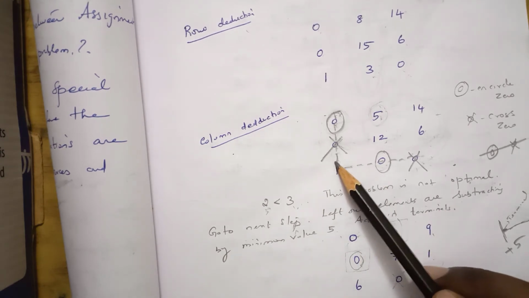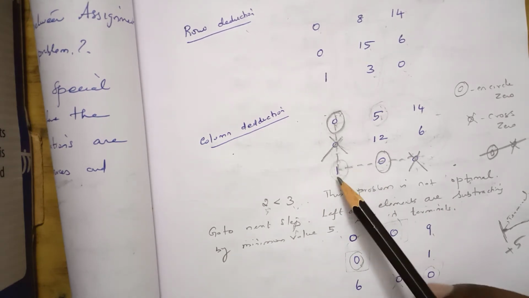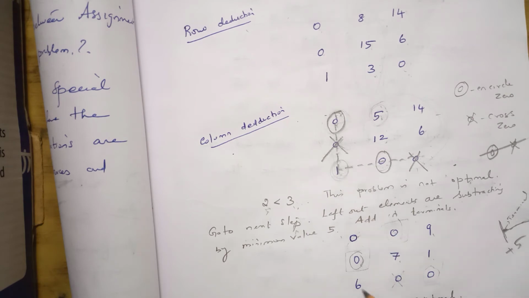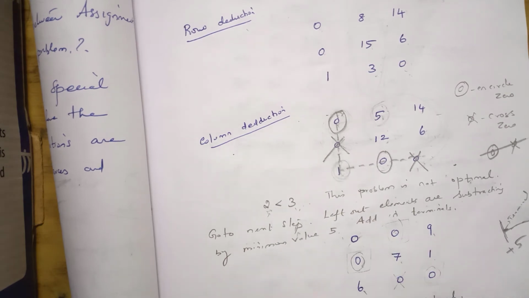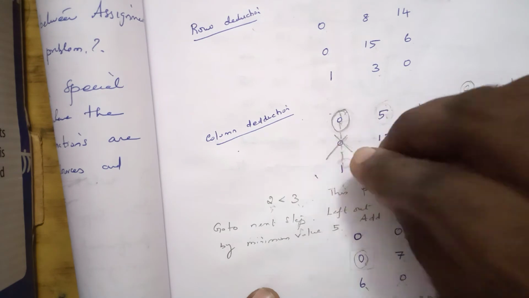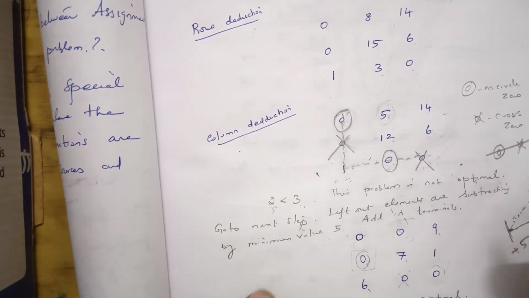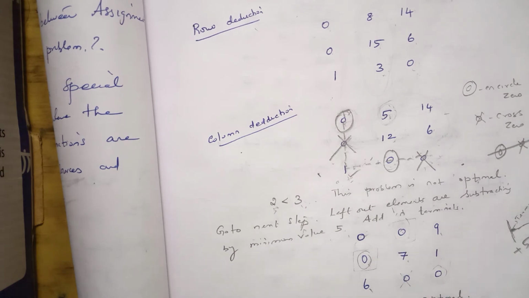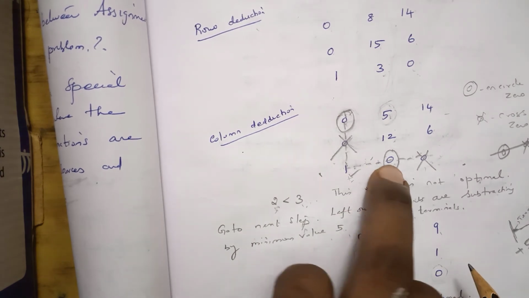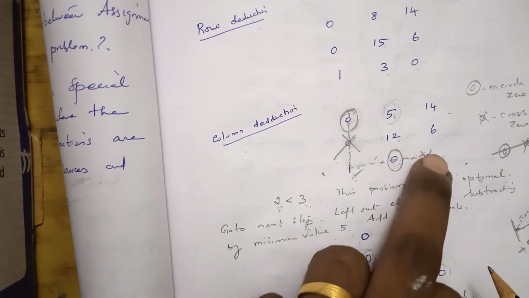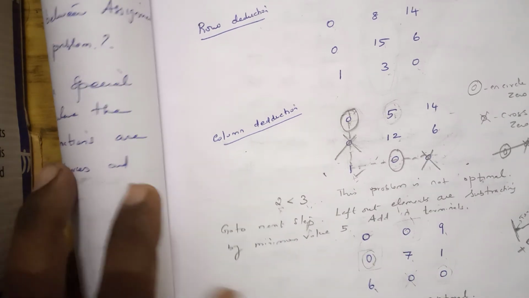So there is already 1 at this intersection, so 1 plus 5 is 6. So 1 is at the intersection, so it becomes 6. 0 is already covered, so we put 0. 0 is already covered, put 0.